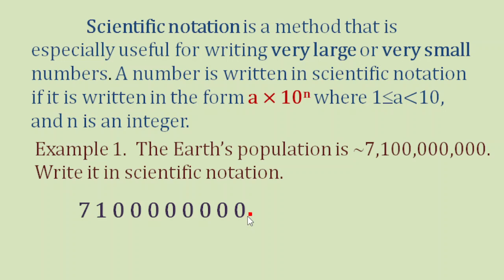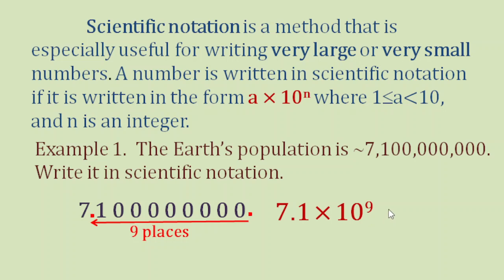So we will move this decimal point to this spot here, so that our first part, the A, which is a number greater than or equal to 1 but less than 10, is 7.1. And from this place to this place, it's actually 9 decimal places. So this means our part 2 will be times 10 to the power of 9.